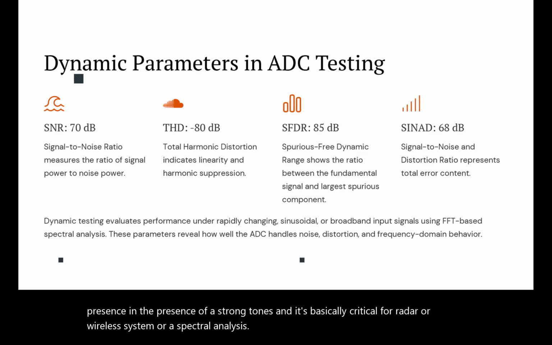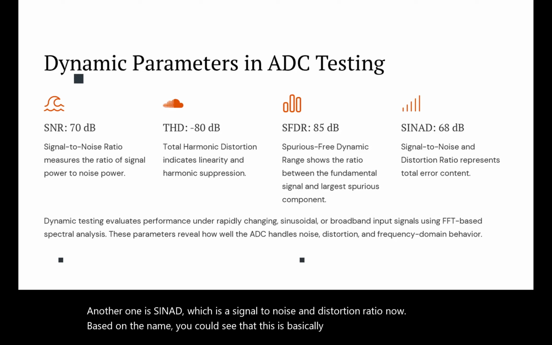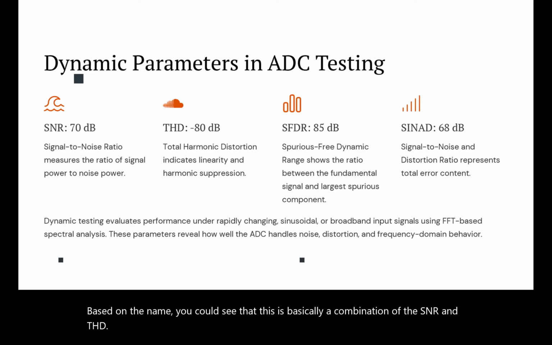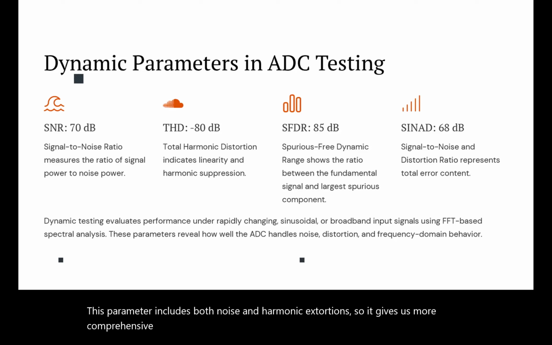Another one is SINAD, which is the signal to noise and distortion ratio. Based on the name, you can see that this is basically a combination of the SNR and THD. This parameter includes both noise and harmonic distortions. So it gives us a more comprehensive picture than the SNR itself.